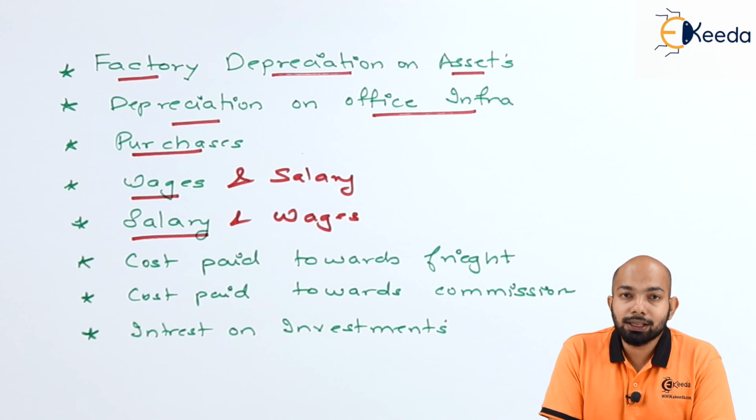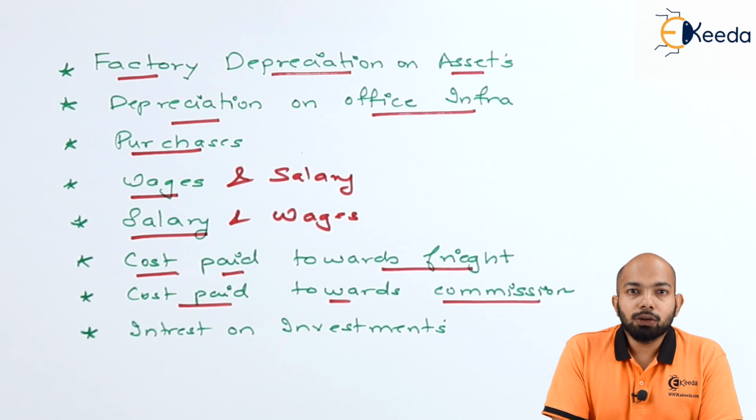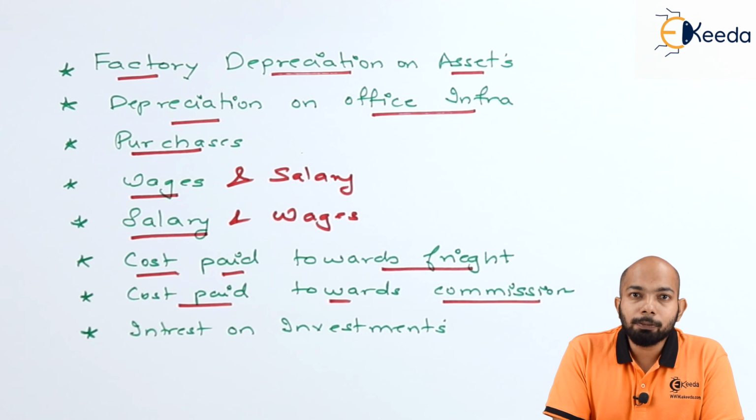Let's further go ahead and understand which are the other 2 items that have been mentioned here. Cost paid towards freight and cost paid towards commission, both are expenses for us. Both are operating activities. Now, when we talk about any items paid towards freight, that means it has been paid for any item which has been purchased or the delivery has been made to your factory or your manufacturing unit.